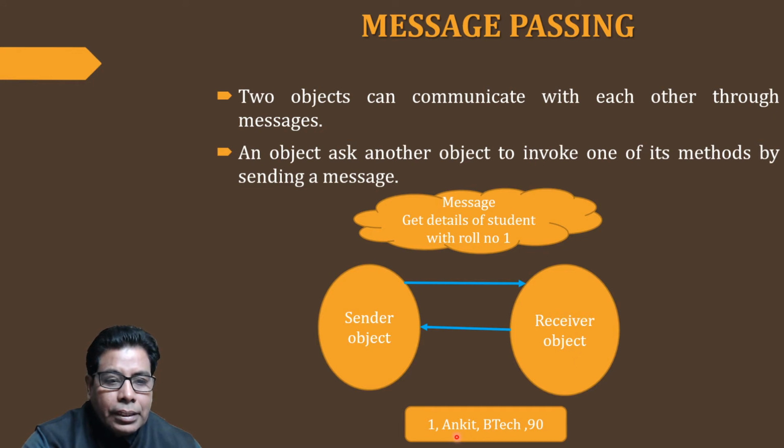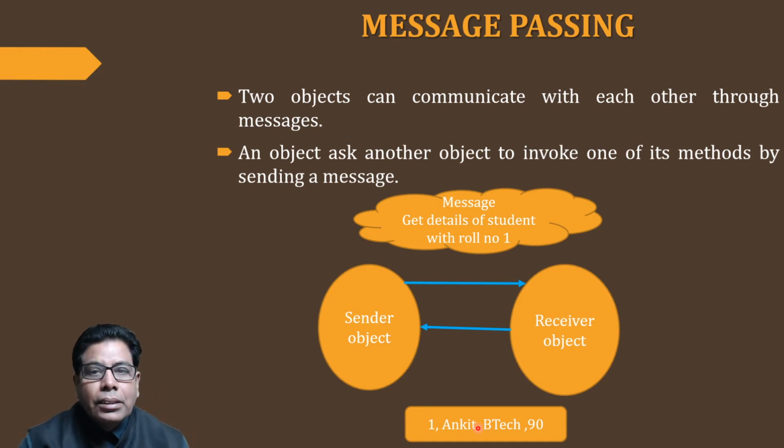So here we are getting the attributes as the roll number, the name, then its course and batch, like that. We can get different attributes for that object. So in this way, the passing will be done.